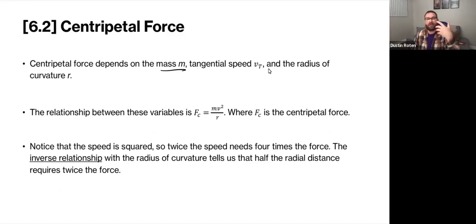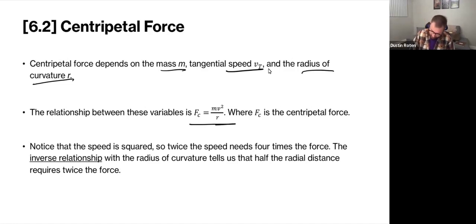So that's why it not only depends on how fast it's trying to go through the circular path, it also depends on the radius of curvature. And that really is just the radius of the circular path it's traveling. So we've got three things here. We can put them all together, and essentially the relationship between these variables is this.